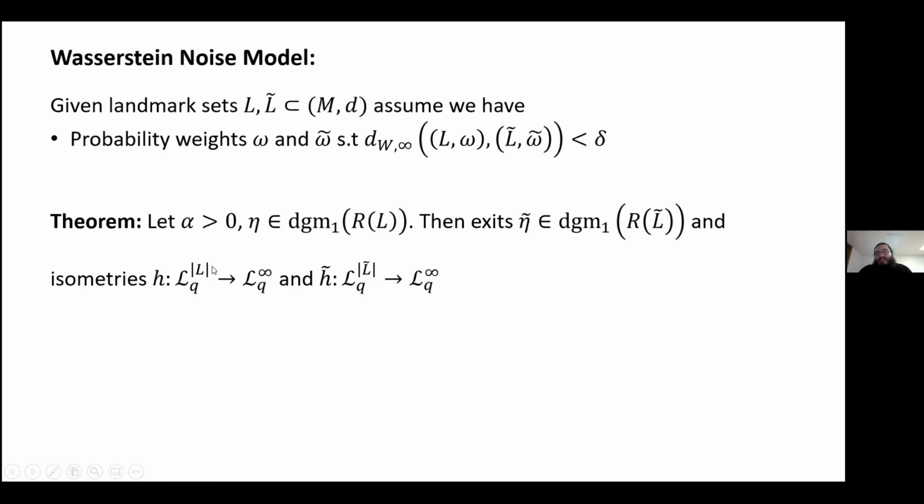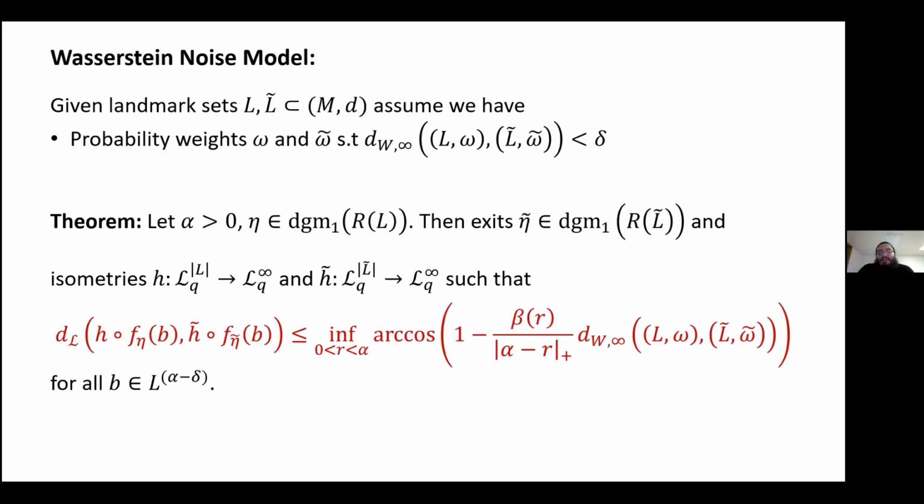that, if you think about it, have different dimensions, because in principle L and L tilde could have different sizes, and I can map them isometrically, with some restrictions, into L^q infinity. What these isometries allow me to do is to take the data set in both lens spaces, map them into L infinity, and then compare those two data sets there.